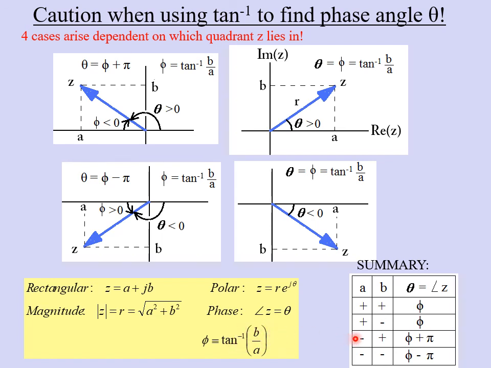However, if a is negative and b is positive, we're going to end up in this quadrant, and if we just use inverse tangent of b over a, we'll get an incorrect result. The way to remedy it is to add pi to the result. Likewise, if we're in this quadrant down here where a and b are both negative, we have to make sure we subtract pi from the result of using the inverse tangent function.